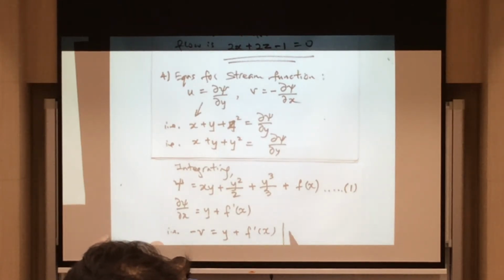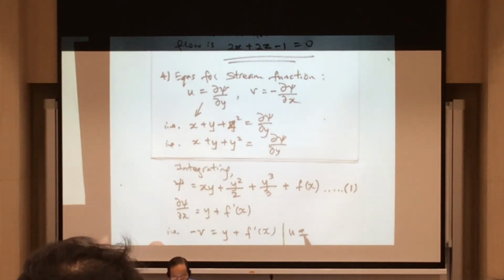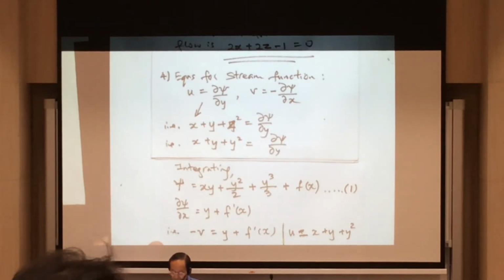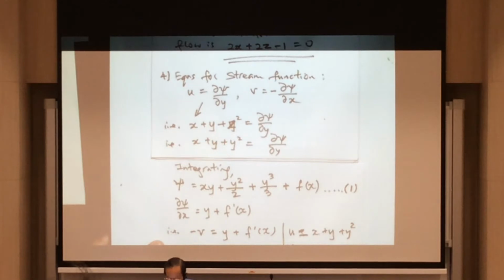Initially, we have u equals x plus y squared. We have d is equal to x minus y plus y.